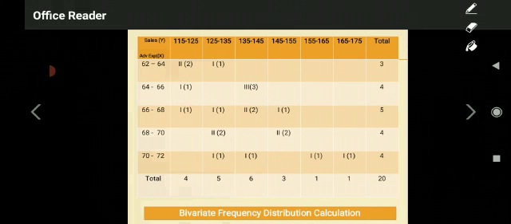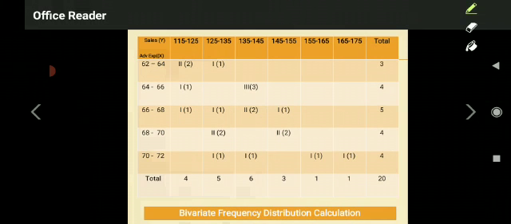You have to go to the 165 to 175 range or class interval, and again down in advertisement expenditure you have to go to 70 to 72. So advertisement expenditure is 70 as you see in the data, and sales is 170. If such is the situation, these two values are counted as 1 in the calculation.